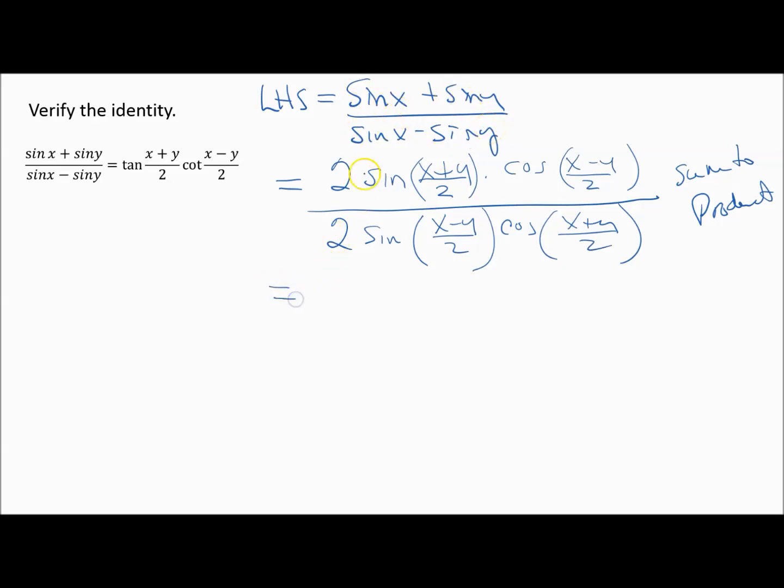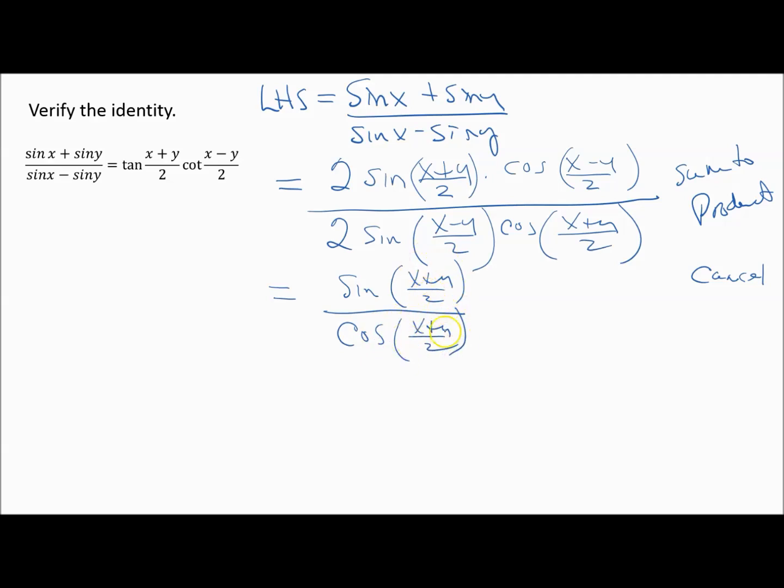Okay, I keep going. Cancel. I'm getting rid of those 2's. I'm also going to change the order. Check it out. What's inside your angle matters. This is x plus y over 2, and this one's x plus y over 2, so I'm going to line those up. I'm going to say sine of x plus y over 2 over his friend cosine of x plus y over 2.